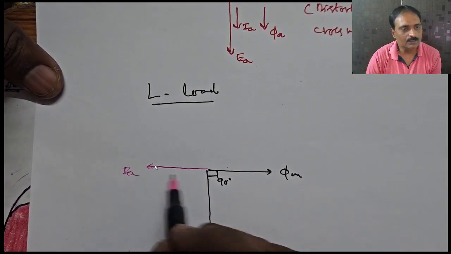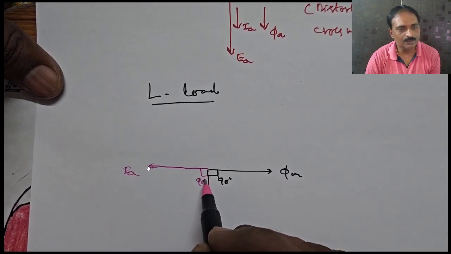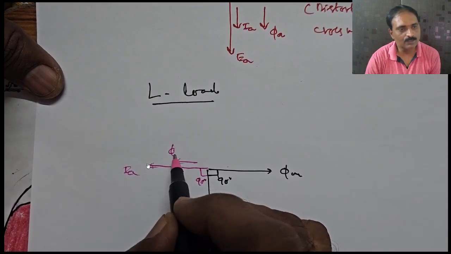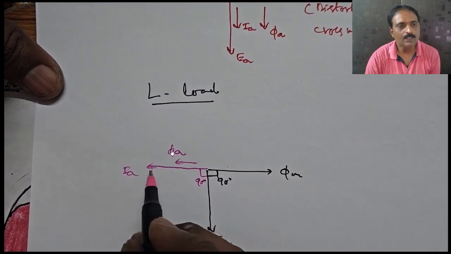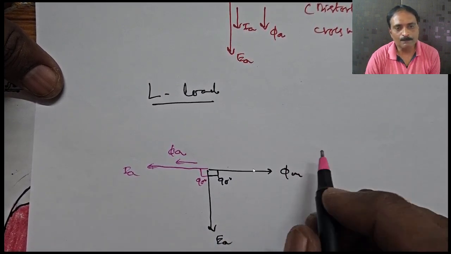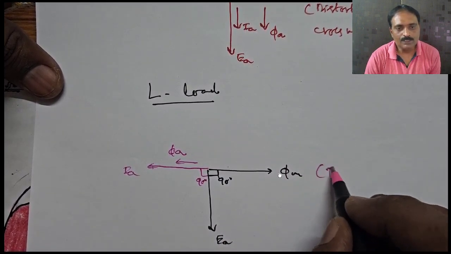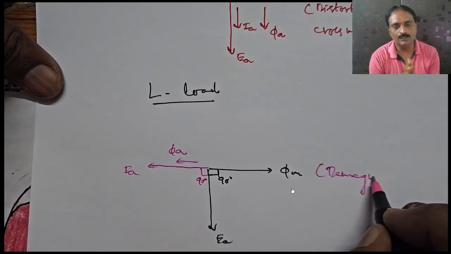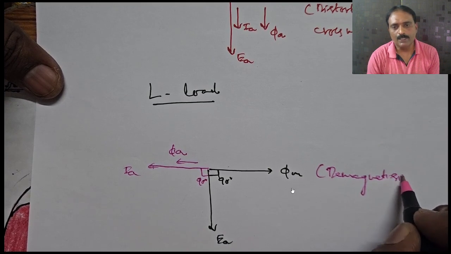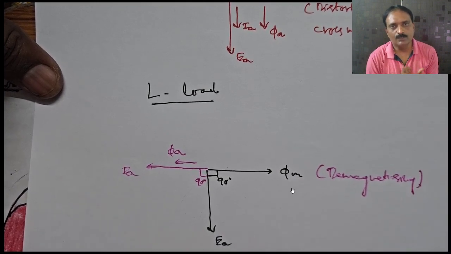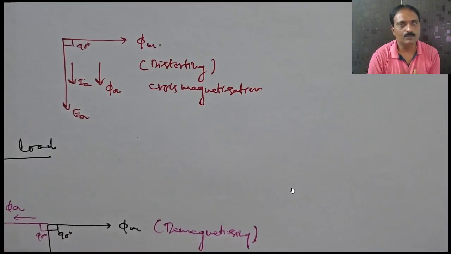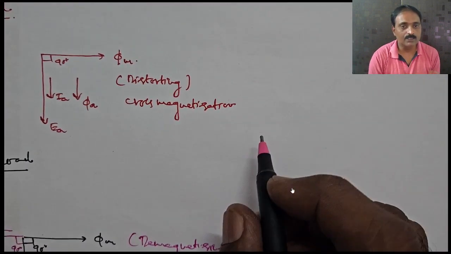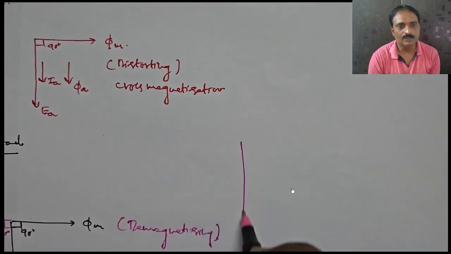So the armature current will be now exactly in this direction, so the armature flux will be in the same direction. Here you can see that this armature flux is exactly in the opposite direction to the main flux. Both are acting in the opposite direction, so the effect will be demagnetization. So for a pure inductive load, the effect of armature reaction will be demagnetization, means the strength of magnetism is going to decrease in the space.